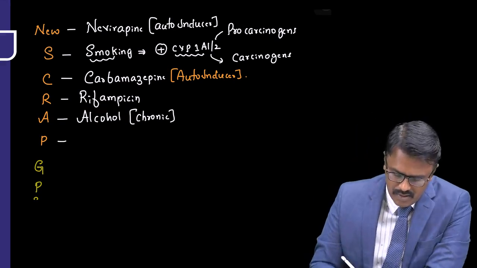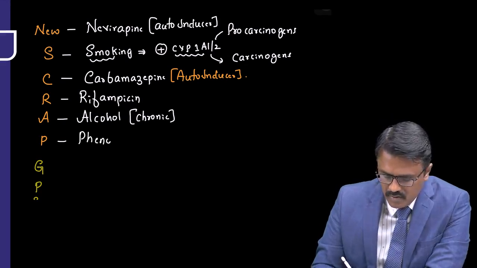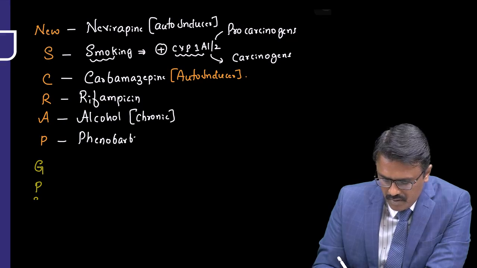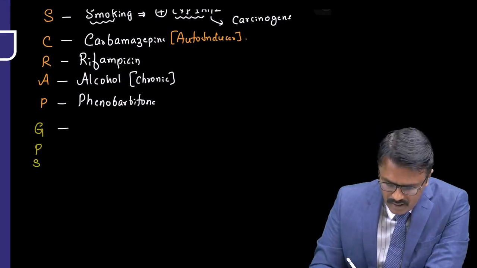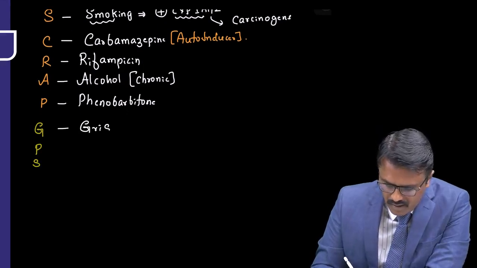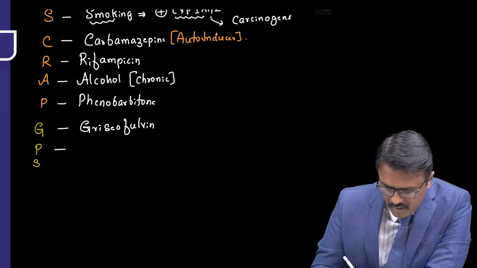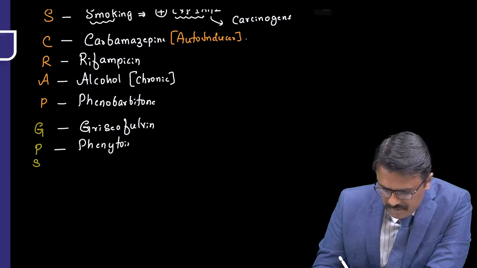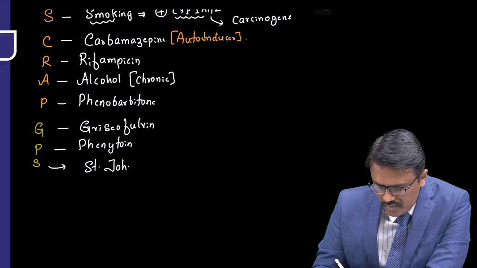So very, very important. And P for another anti-epileptic, that is called phenobarbital. And G for an anti-fungal drug, griseofulvin. And P for an anti-epileptic drug, phenytoin. And S for a herbal plant called St. John's wort.